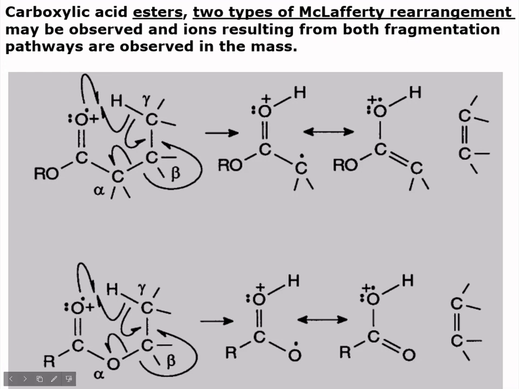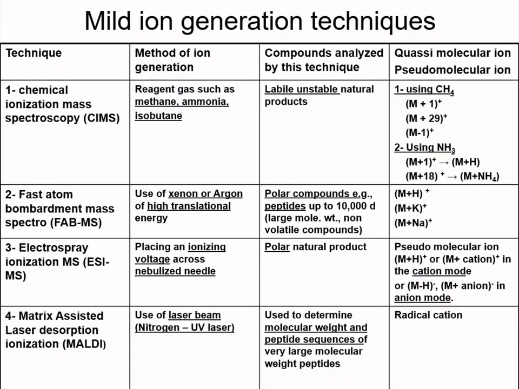Also here we should have a gamma hydrogen, but to obtain a gamma hydrogen, we should have at least a 2 carbon alkyl group. Both fragmentations are observed in the mass spectrum of esters if the ester has a gamma hydrogen present.